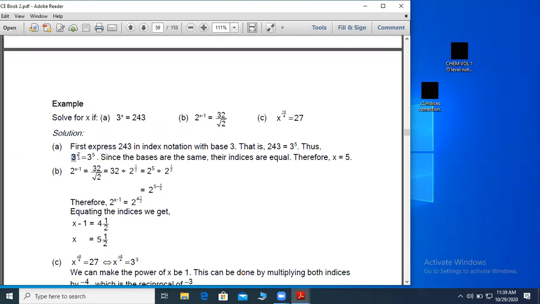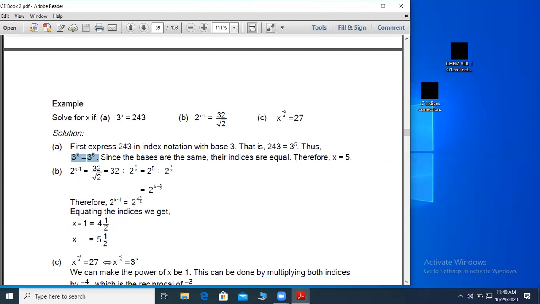So you can cancel the bases and remain with the powers, so x will be equal to 5 in this case. I don't know if you get me. In this case, x will be equal to 5. That's what I'm talking about.